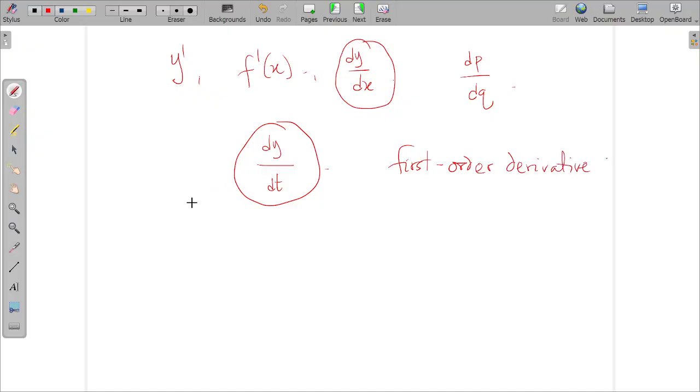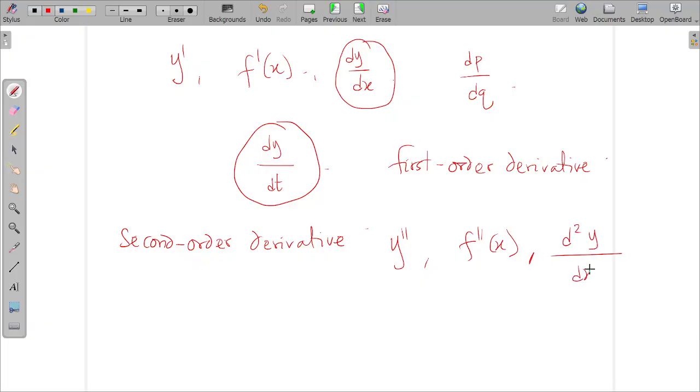Now, apart from the first order, we can also have what we call the second order derivative, where you derive a second time. Second order derivative is given with this notation, y prime prime, or you say f prime prime of x, or you say d squared y over dx squared.